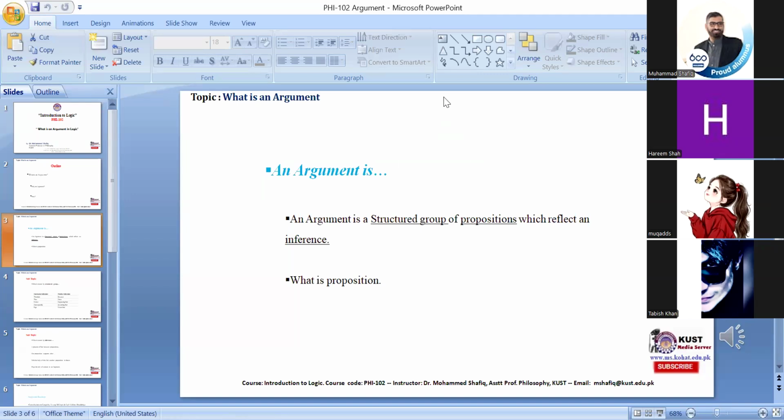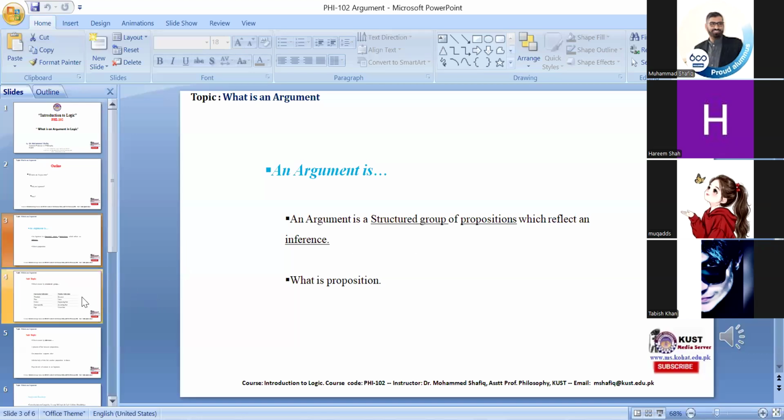So the second proposition is the premise, while the first one is the conclusion. So order does not matter. What matters is it must have a structure, it must have at least one proposition which is trying to prove something and another proposition in support. So, a structured group of propositions which reflects an inference.